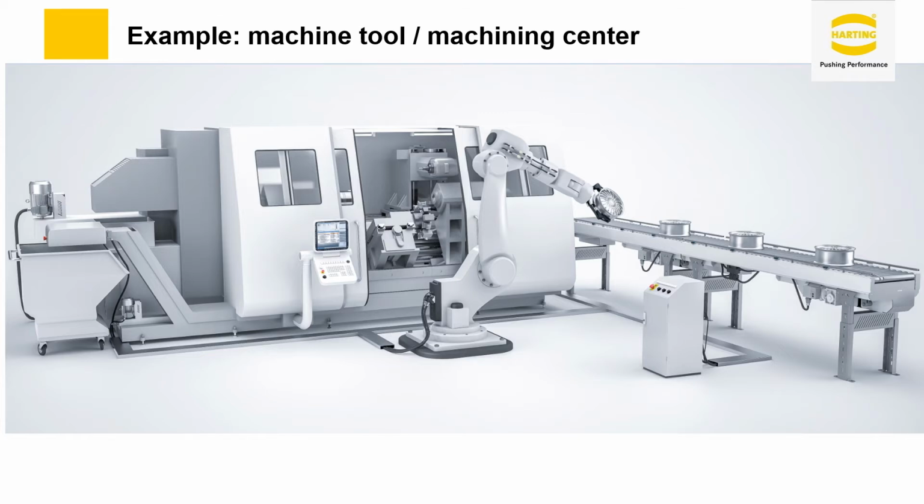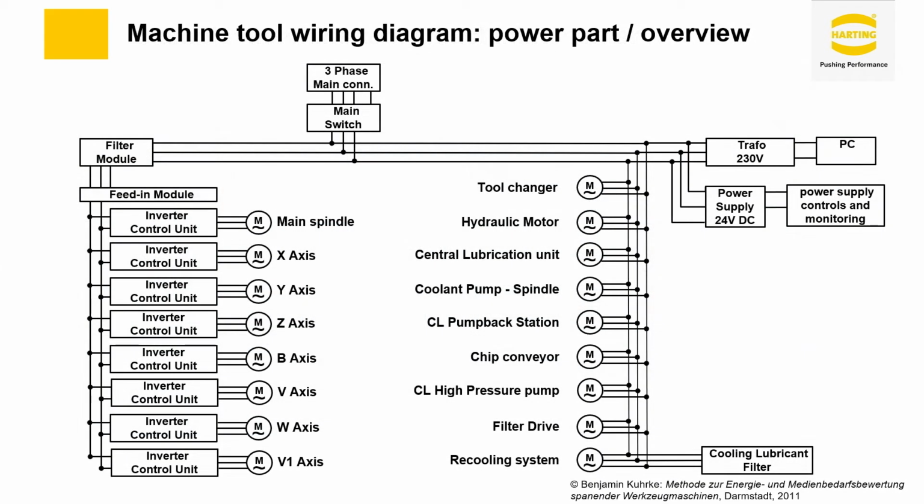And I will show you only a small overview of a wiring diagram. This wiring diagram shows only a small part of the power units. And you can imagine how complicated this electrical stuff can be, because you can see that behind every motor, every powered unit, you have sensors, actuators, safety elements, and so on and so on.